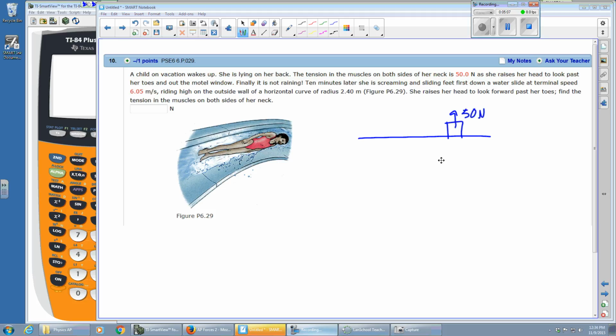So now, going around this curve, she's here, and I'm just drawing my force diagram of her head. She wants to keep going straight. So now there has to be a normal force acting in on her, and she's now accelerating in that direction.